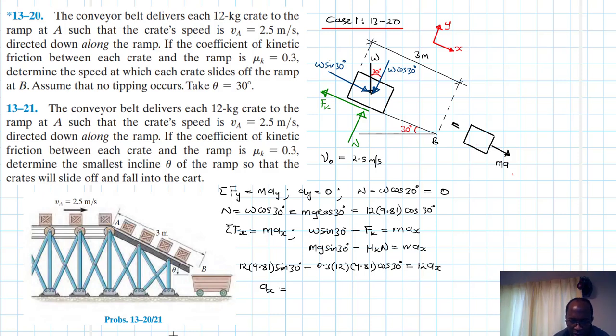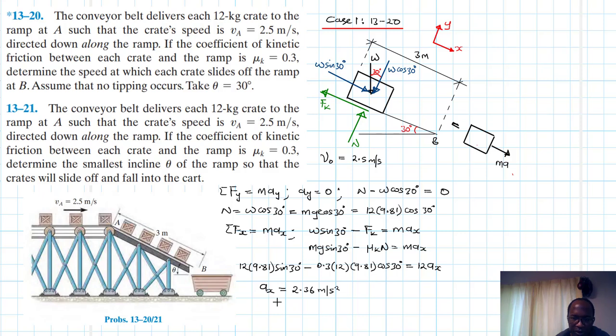All right, so let's work it out: 12 times 9.81 sine 30 minus 0.3 times 12 times 9.81 cos 30, divided by 12. This gives us 2.36 meters per second squared.